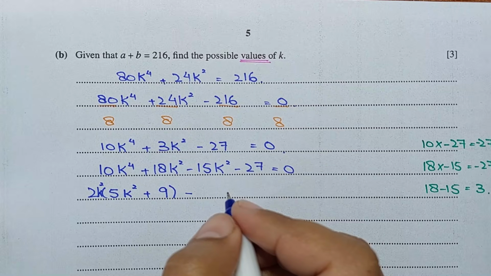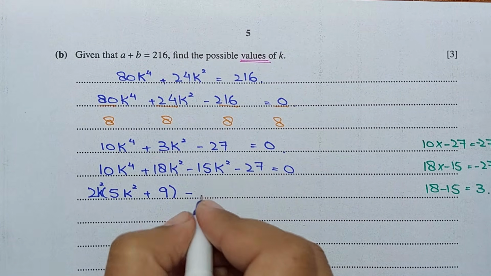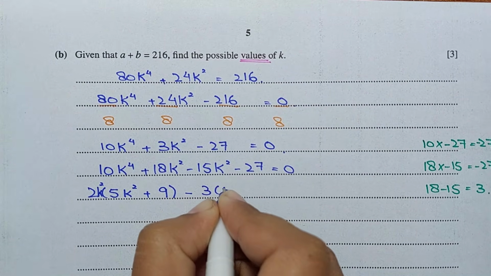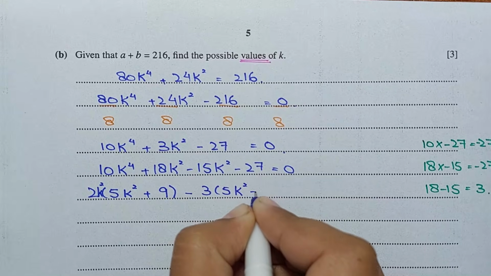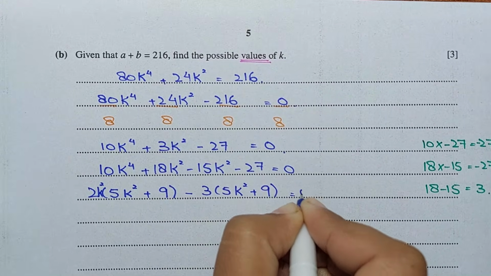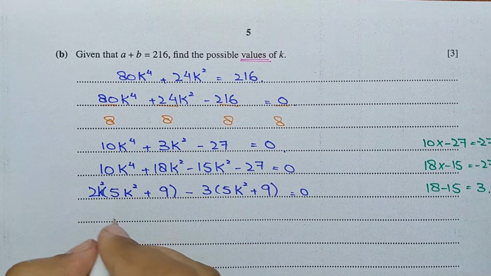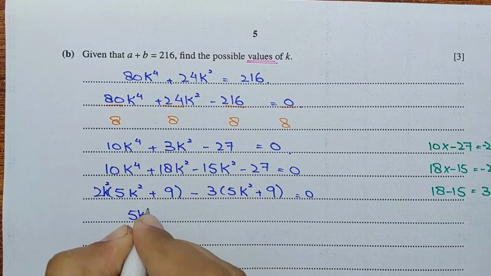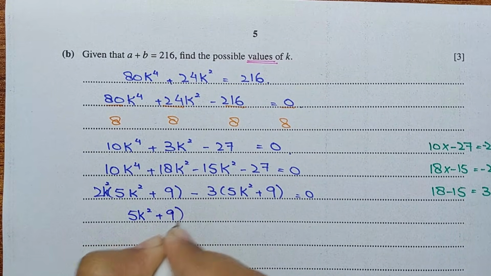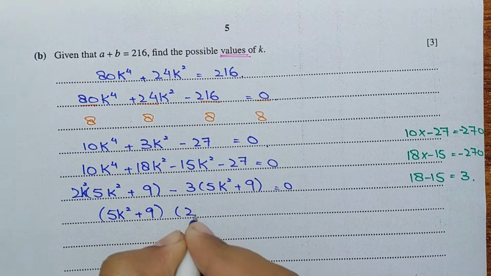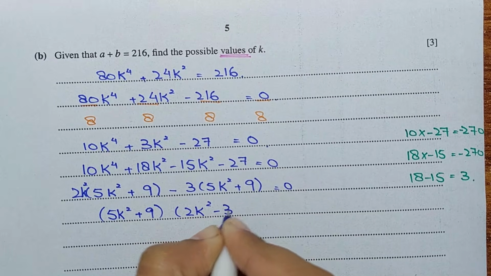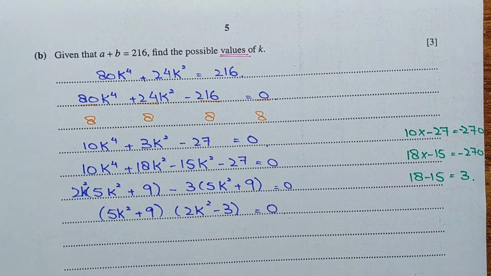So 3 times 5 is 15, 3 times 9 is 27, so 3 is common. 5k squared plus 9, negative is already common. So the factors are 5k squared plus 9 and the other factor is 2k squared minus 3 equals to 0.